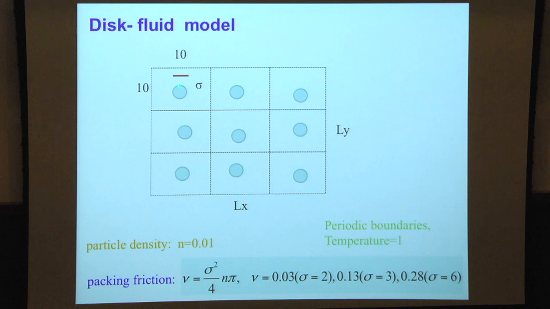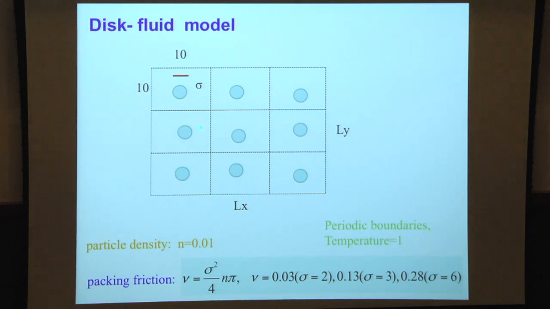We put disks in 10 times 10 cells, the disk diameter is sigma, and initially in each cell we just put one disk, so the particle density is 0.01.